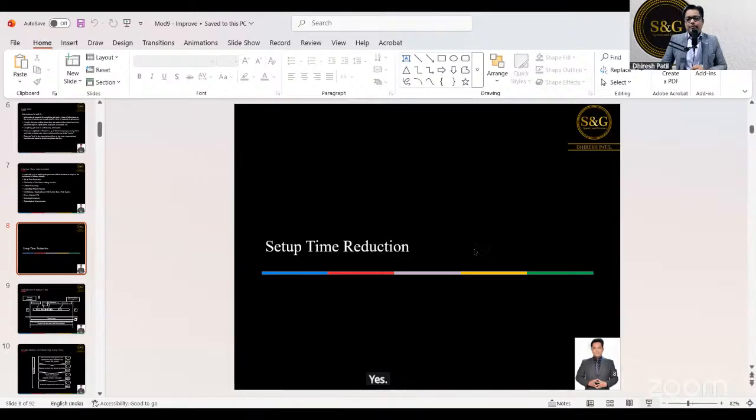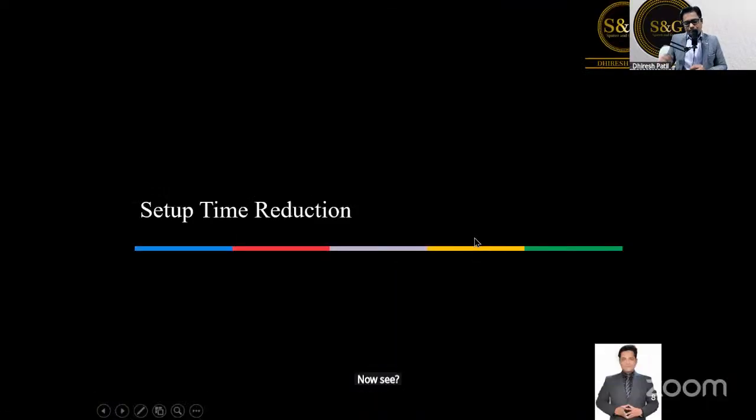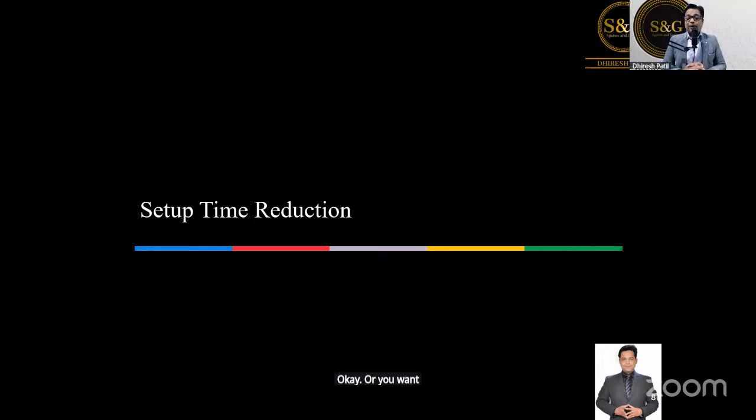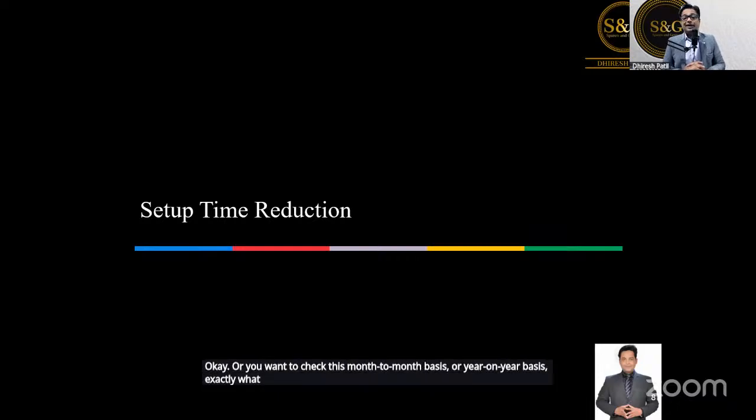Now see, this Nifty index, etc. Whether you want to check the relationship on a day-to-day basis, or month-to-month basis or year-on-year basis, exactly what will be the timeline, that is also a very important factor.